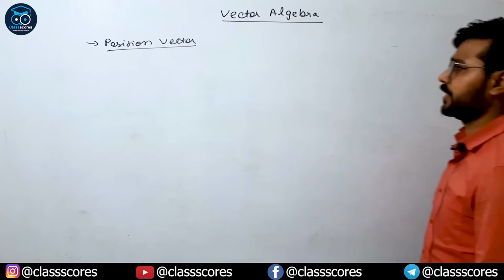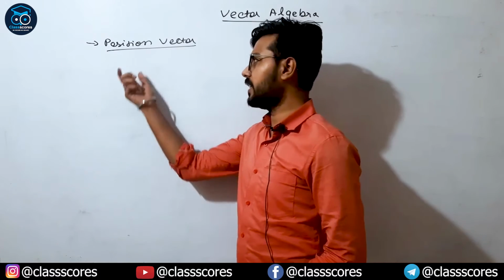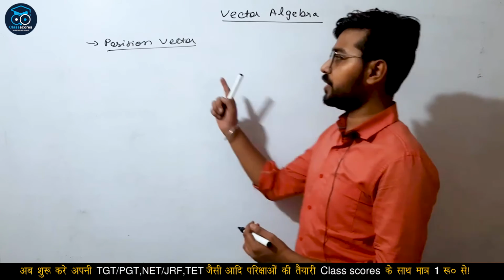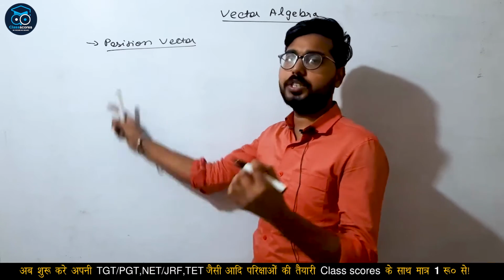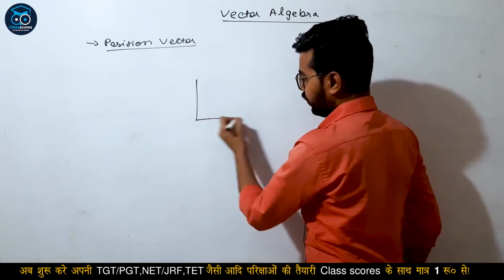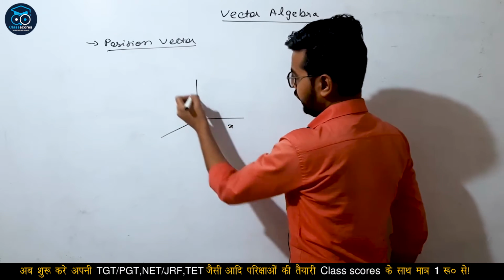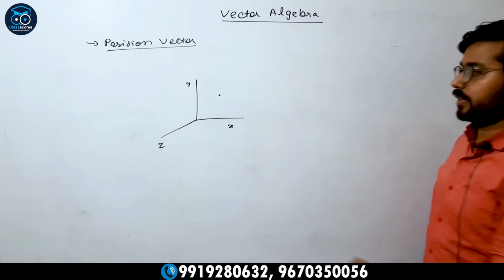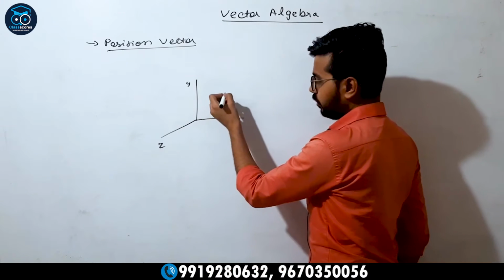Now, starting from the first topic, position vector. So what is position vector? It is defined by its name itself. Position vector means a vector which defines the position of any point. Suppose here we have x, y and z axes. We have a point, and it is at some distance from the axes.